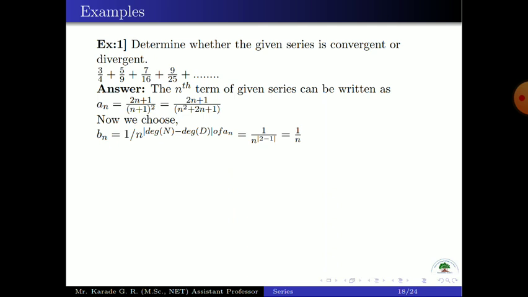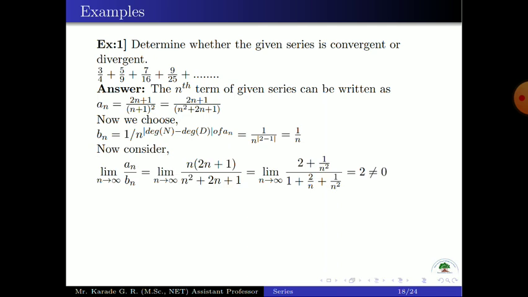It is equal to 1 upon n raised to the power mod of 2 minus 1. 2 minus 1 is 1, mod 1 is 1, so bn is equal to 1 upon n. So we choose bn is equal to 1 upon n.